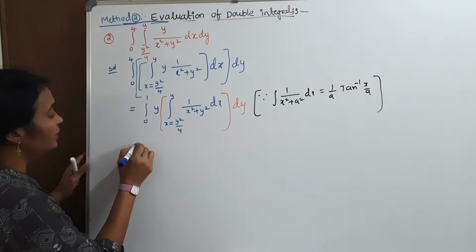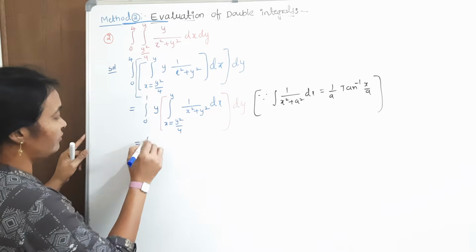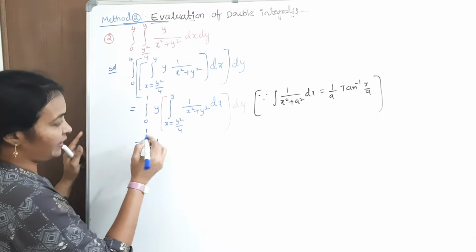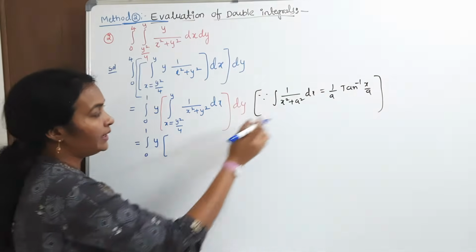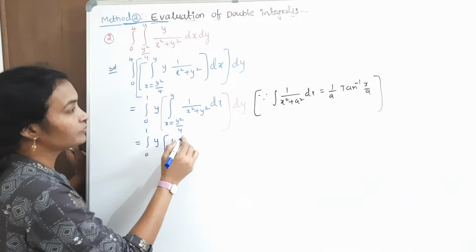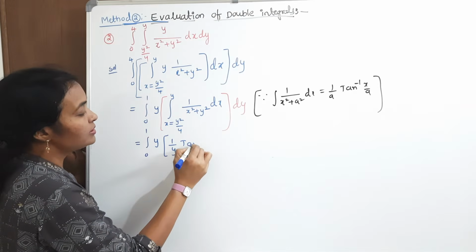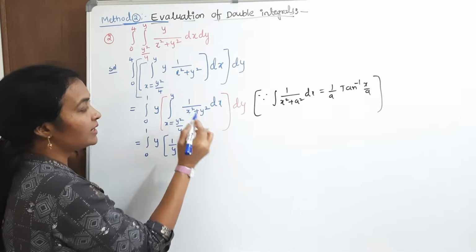Now here I'm going to write this integration value, x square plus a square. First of all, 0 to 1 as it is, y as it is. Here this looks like 1 by a. What is our a here? Y. So 1 by y tan inverse x by a. What is our x here? X as it is.